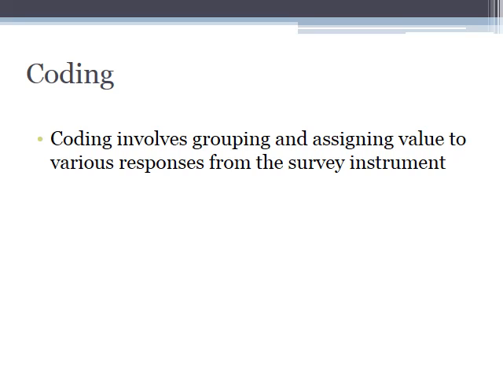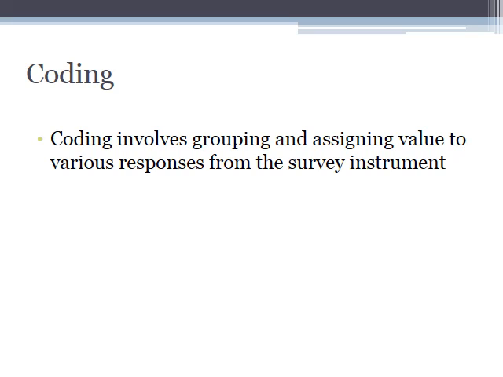Coding is the process of assigning each of those responses with a number. So it would be a number 1 to 5. On a Likert scale, we typically code from 1 to 5 or 1 to 7. We don't like to go a whole lot higher than 7.